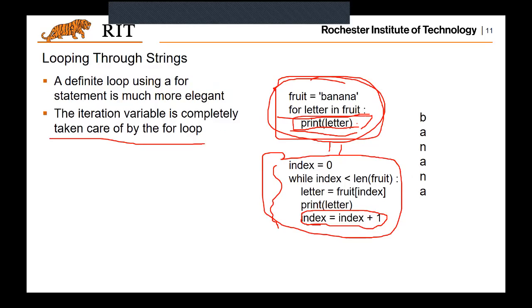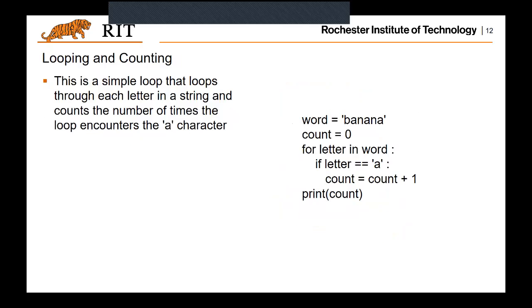That means you probably need another variable, just like the index shown here, to contain the index in each iteration. So that's why you want to have a count variable, or whatever variable you want, for remembering how many times this letter appears.